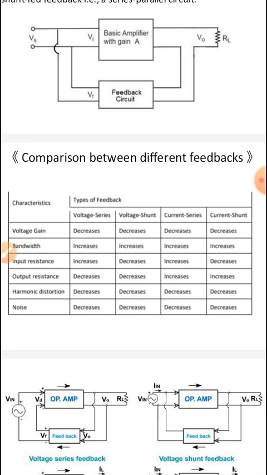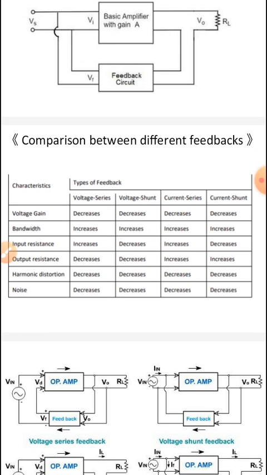In terms of voltage gain, in voltage series it decreases but bandwidth increases. In voltage shunt, voltage gain decreases and bandwidth increases. In current series, voltage gain decreases and bandwidth increases. In current shunt, voltage gain is decreased and bandwidth is increased.